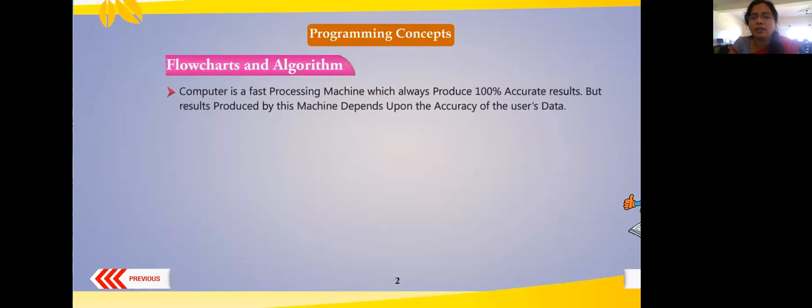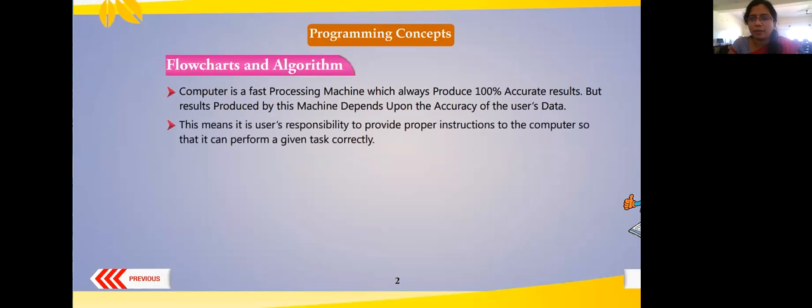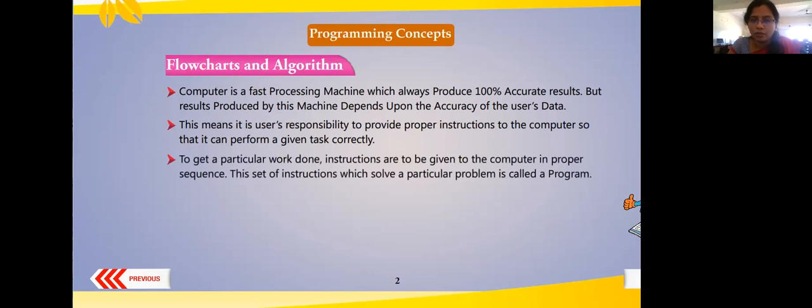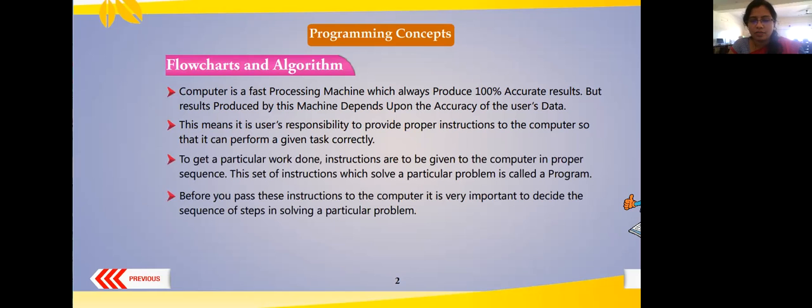See, before we learn the programming concepts today, the base behind the topic we are going to discuss is this. We know that the computer is the fastest processing machine, correct? It processes your problems, your softwares or anything with an accuracy of 100%.